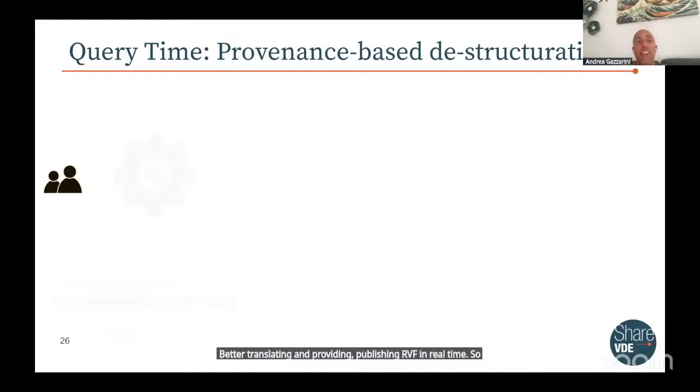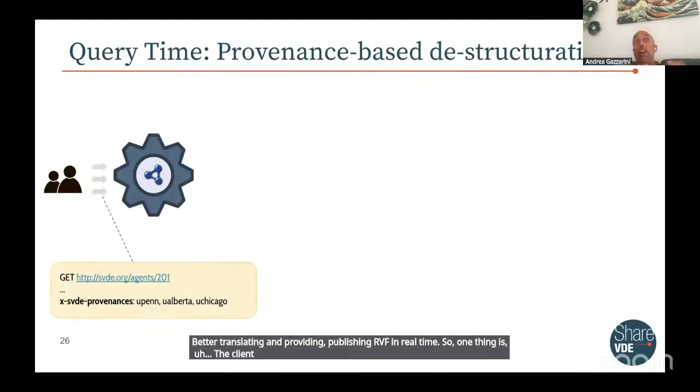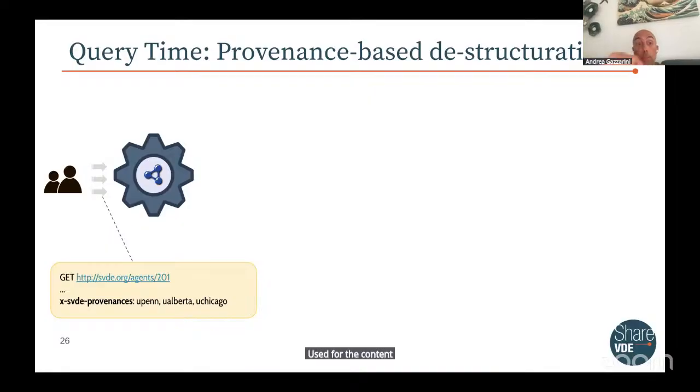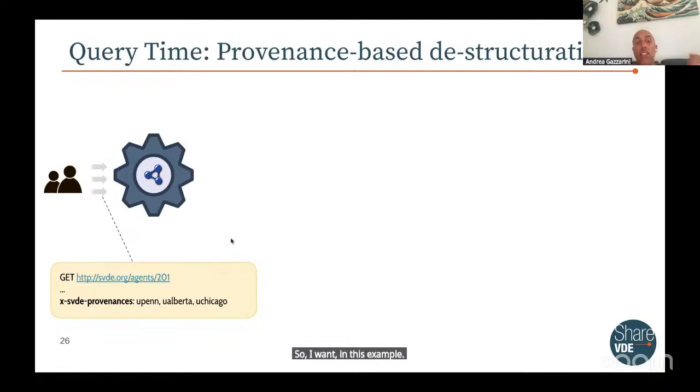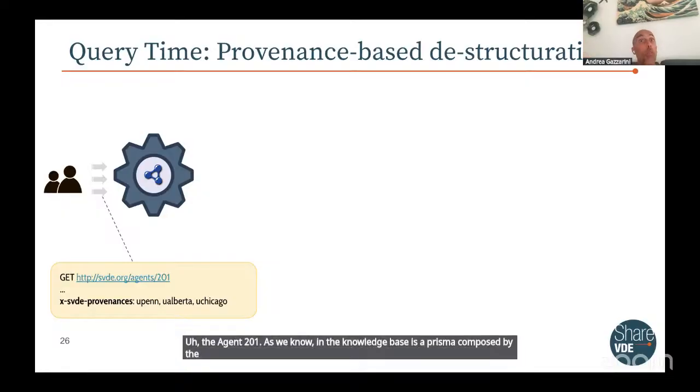One thing is the client using regular HTTP procedures like, I don't know, the header negotiation used for content type negotiation, for example, can request a specific subset of data coming only from provenance A, B, and C. In this example, the client wants to get back the agent 201. The agent 201, as we know in the knowledge base, is a prism composed by the contribution of all libraries.